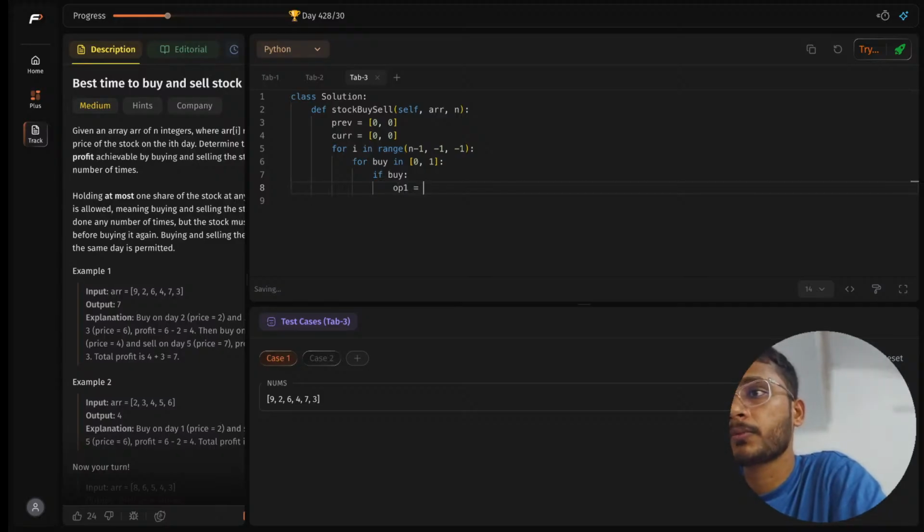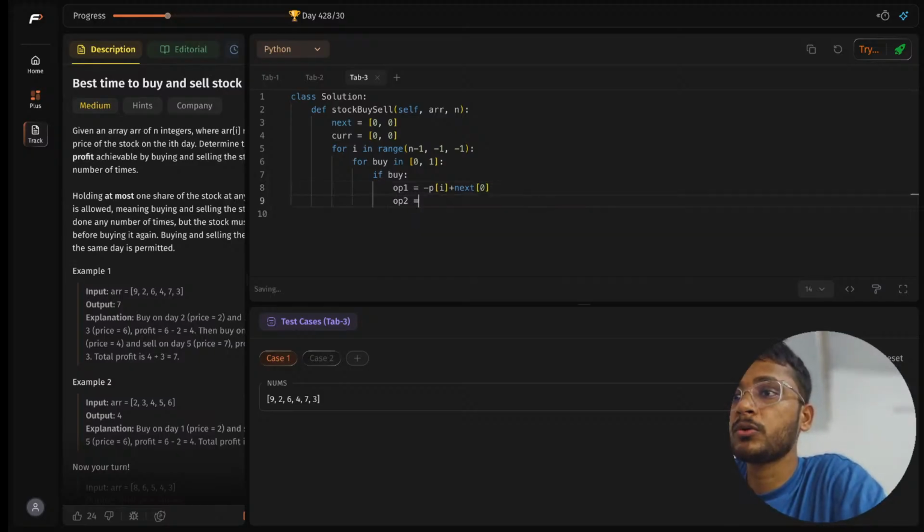OP1, you are buying it, so that means you will say minus P of I plus next, it's better if I say next here, and you will say next of, here you are saying buy, so you are buying, that means next of 0.